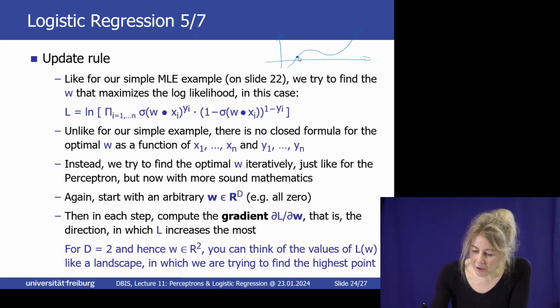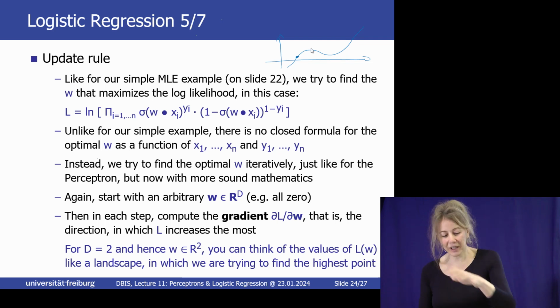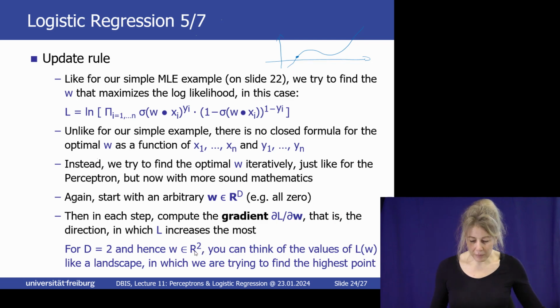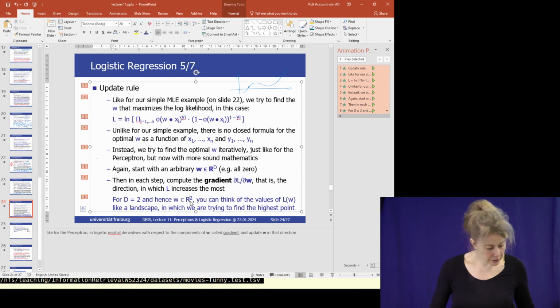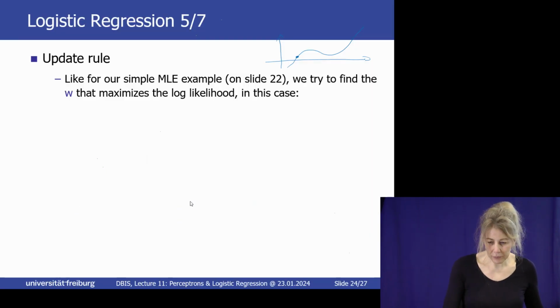So I'm here at my W, and now I'm looking for the maximal value in that landscape. And let me just make this here a capital R, a boldface R, sorry.